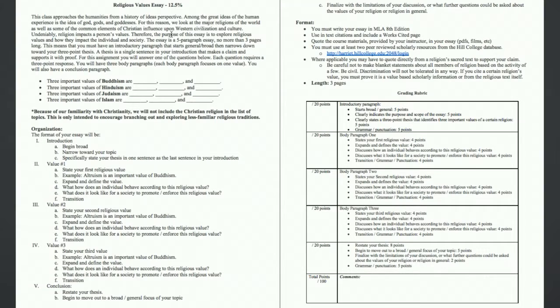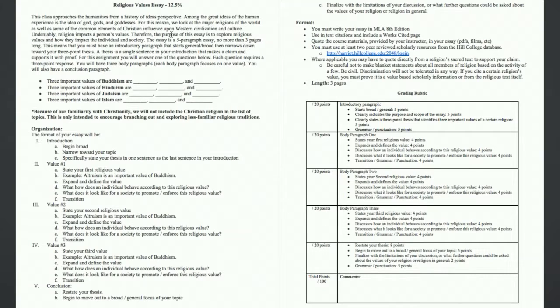But we're going to look at 4 of the world religions. We cover Christianity and Taoism and Confucianism as well, but we're going to focus in on these 4: Buddhism, Hinduism, Judaism, and Islam. I'm not putting Christianity on the list only because it's really so familiar. I mean, come on. We live in Texas. Most of us, we're in the Bible Belt.